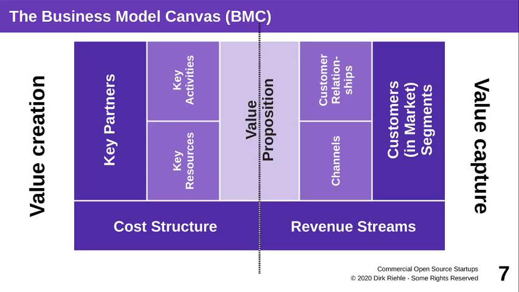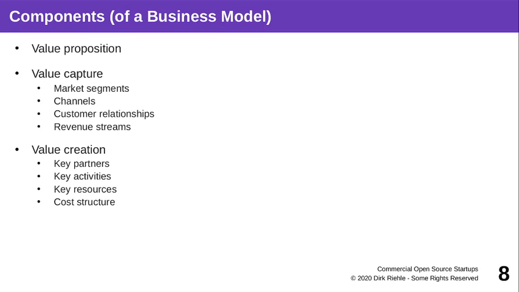Value creation serves to create the value proposition or products, and value capture serves to turn those into revenues or income for the company. And the original textbook does not really label these two sides as value creation and value capture, though given how neatly this canvas can be split in the middle, I imagine this was on the minds of Osterwalder and Pigneur.